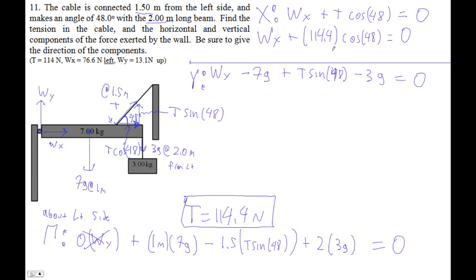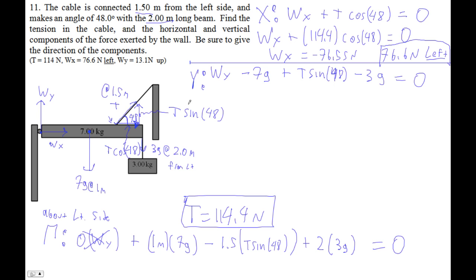Let's see, 114.4 times cos 48, and I get that it's negative 76.5, so the wall in the x direction is 76.6 newtons left. And you need to say that. You need to say to the left. I'm not just going to accept a minus sign. You have to say left.